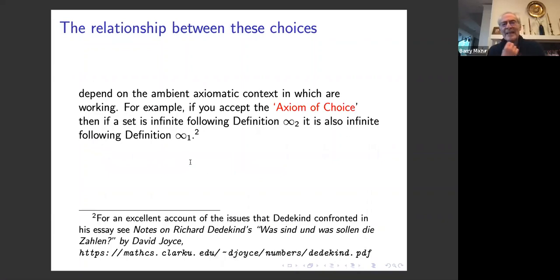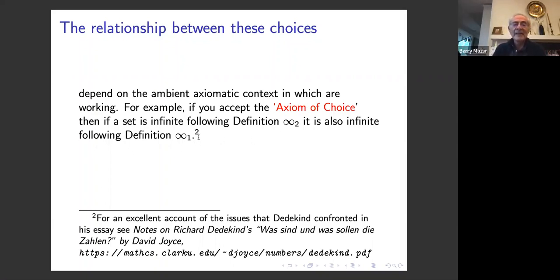Okay. Now, the actual logical relationship between these choices really does depend on the ambient axiomatic context in which we're working. For example, if you accept the axiom of choice, then, and you can prove this as an exercise, very easy, if a set is infinite following the surjective definition, it's infinite following the injective definition.